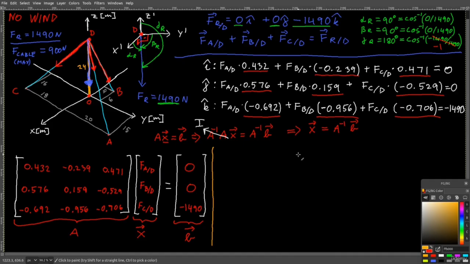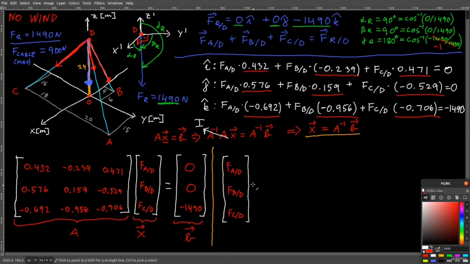Or you can also do it in Python or MATLAB. Since this course is not about linear algebra, I recommend you to just use some readily available tools to find the inverse matrices fast. And so if I now take this formula, then I will write it down like this.